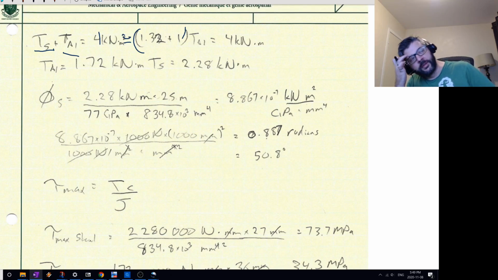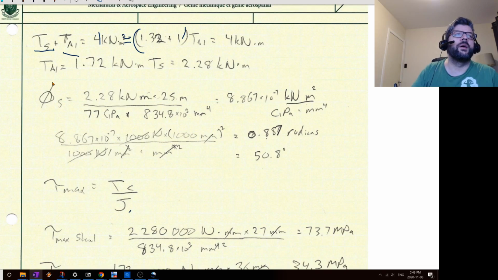So our torque in the aluminum, 4 divided by 2.32, is equal to 1.72 kilonewton meters, which means that the torque in the steel is whatever's left. So that's 4 minus 1.72, which gives us 2.28 kilonewton meters.